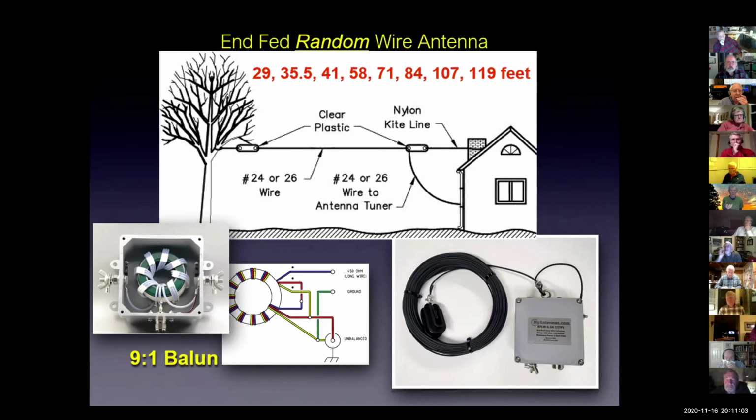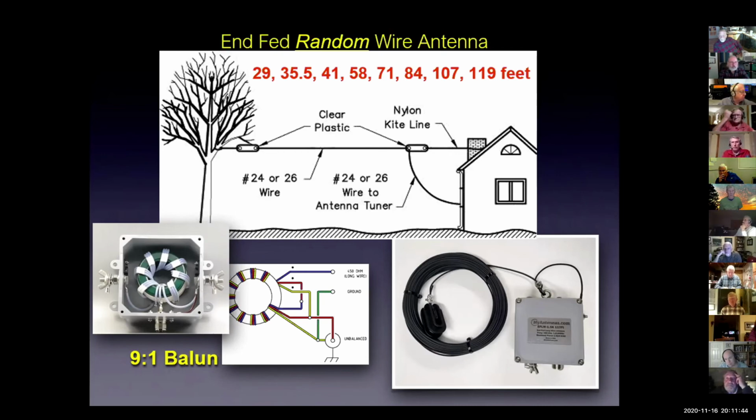And I've tried this with these various lengths of wire on various summits, because on some summits there's not much real estate, and I'm lucky to be able to put up a 29-foot piece of wire, and sometimes just draping it over the side of the cliff, or draping it over several bushes or dead trees, or in some cases my trekking pole, and launch a signal using the KX2 built-in antenna tuner and a 9-to-1 balun that I built.